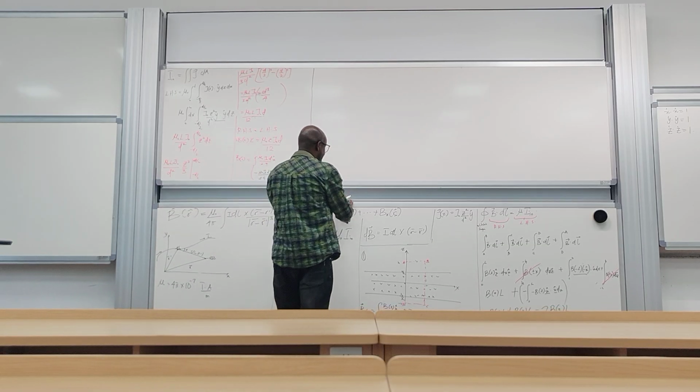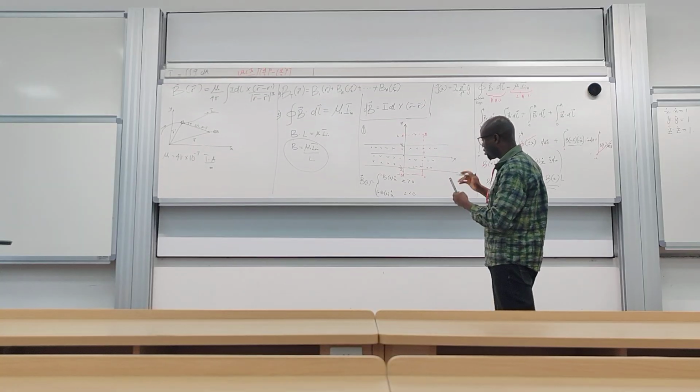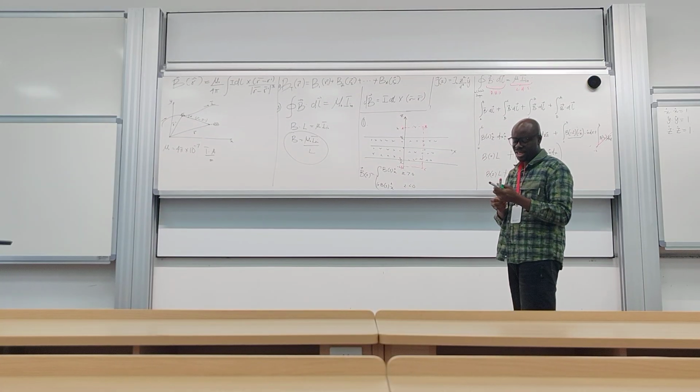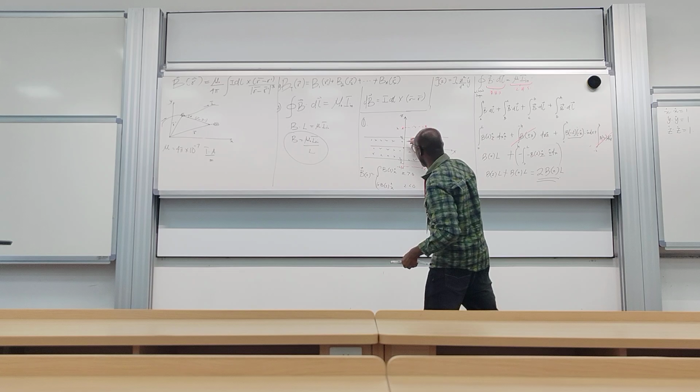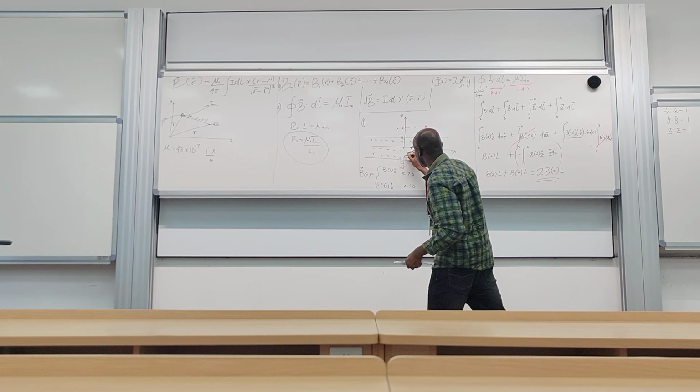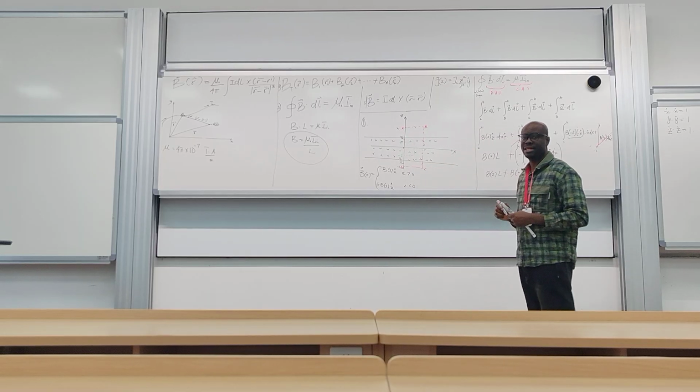For the magnetic field inside, we can construct another Amperian loop inside this slab. So I can construct this, call this minus z, call this z, inside.